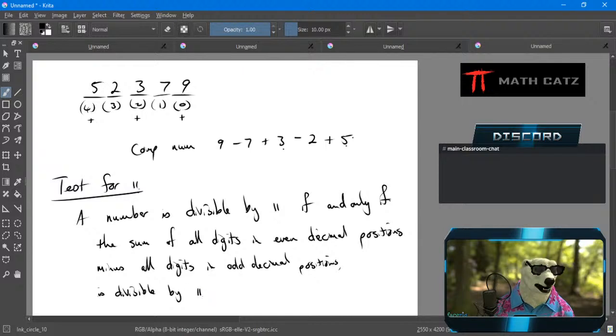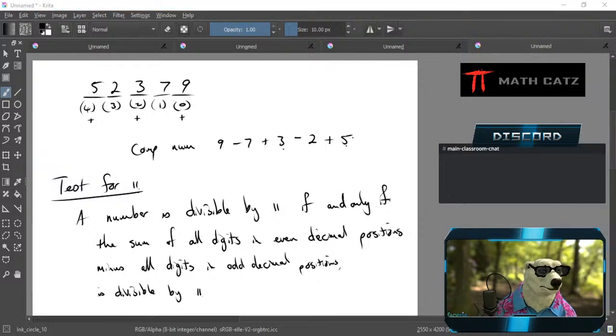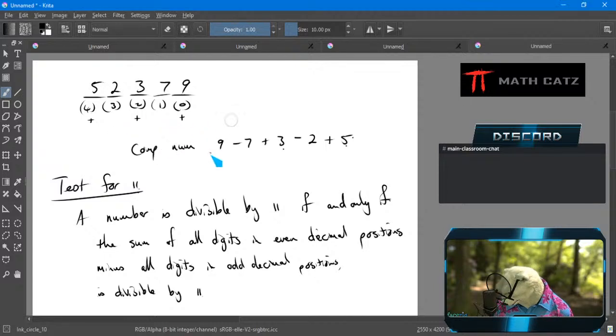Okay, so however you want to phrase it, I'm not going to ask you to phrase the test for 11. You just have to be able to use it. So regardless of how you want to remember it, using the decimal positions as a reference to where the digits sit is one way to phrase the test in as clean a way as possible.